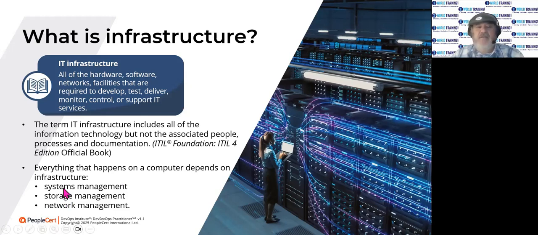So systems, the networks, the computing nodes, data storage, and anything interconnecting or protecting systems from a hardware point of view would definitely be considered infrastructure. It also includes the management of those things, so systems management, storage management, network management. So all the management capabilities built around those things would also be considered part of the infrastructure.